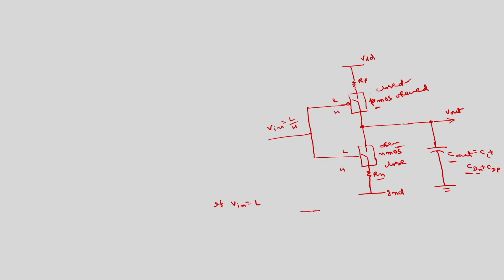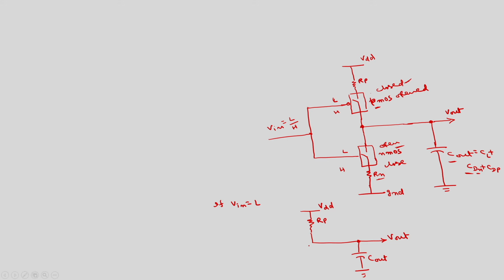This is something like this one, and here the open circuit, only this part will be present. This is C out, this is V out, this is RP, this is VDD. So, this lower portion will be open circuited. I am not showing this, that is why.